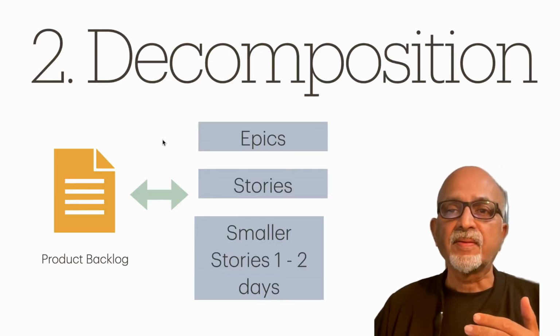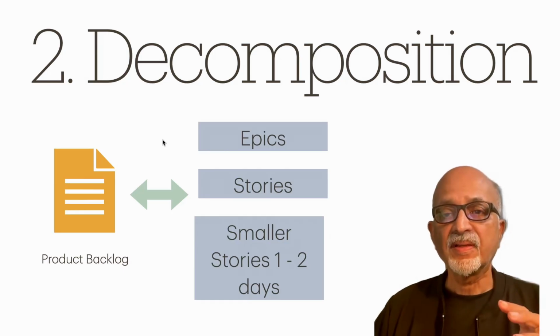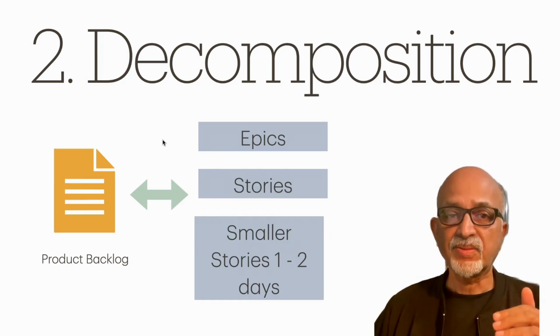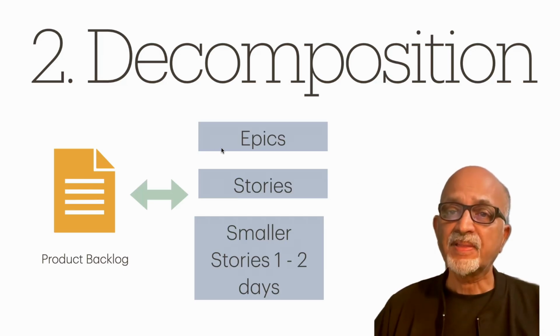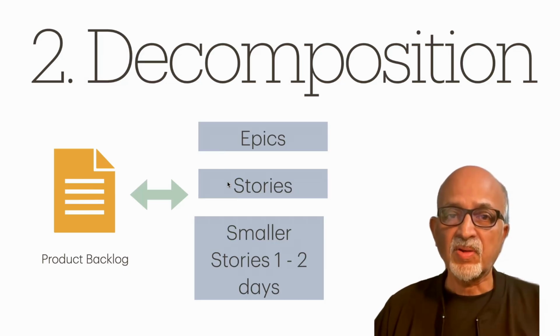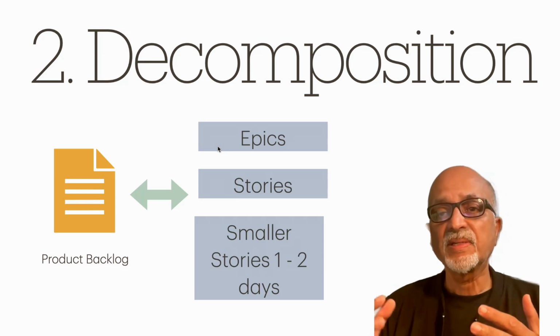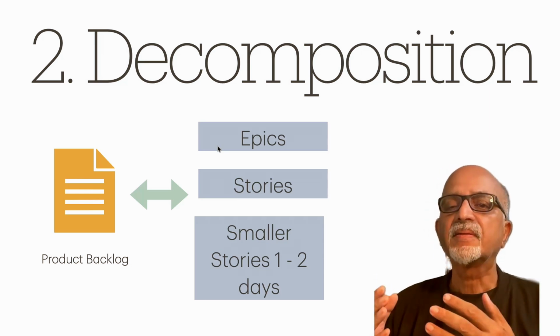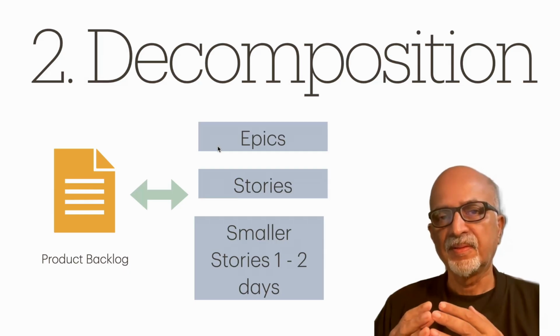Then we have to decompose some of the product backlog entries into smaller stories. As discussed earlier, we may have epics in the product backlog. We may have smaller stories. So if we come across an epic, what is an epic? It is a very big, very large feature.